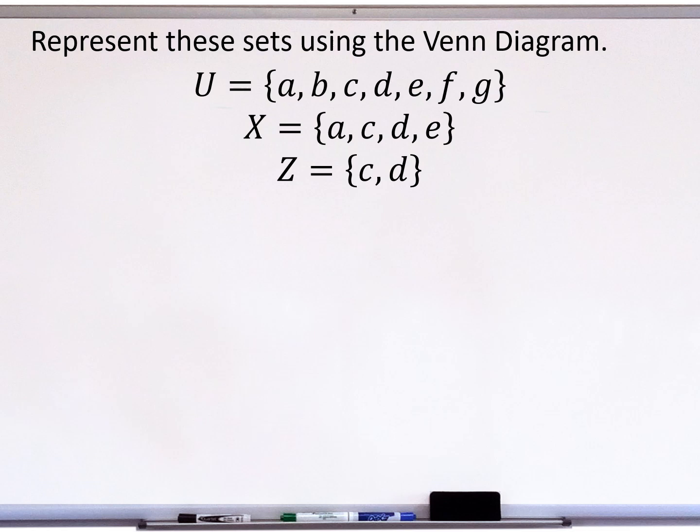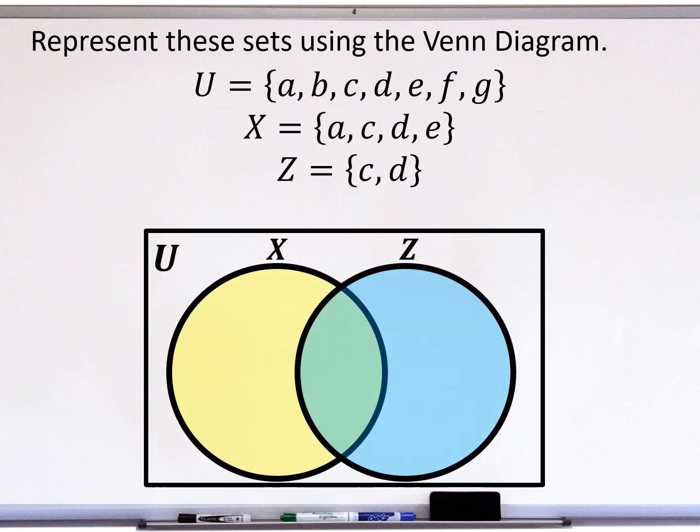So what if you're given another situation, but this time, here is the problem. So you're asked to once again draw the given sets or represent the given set through the use of a Venn diagram. And so, based on the given subsets X and Z, we are going to write the common elements between the two sets at the green region.